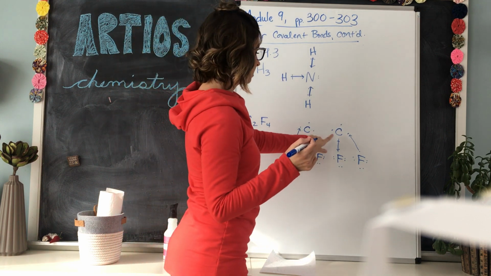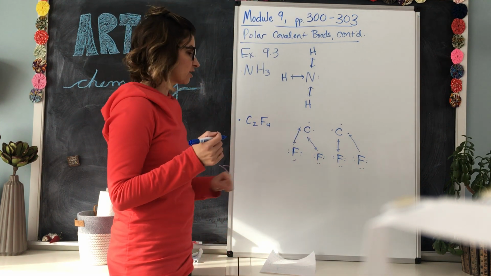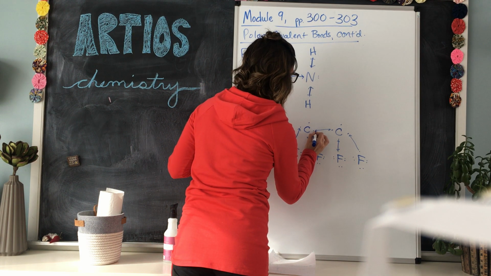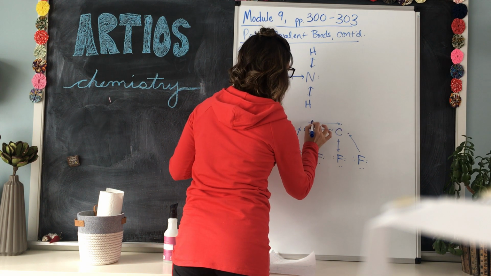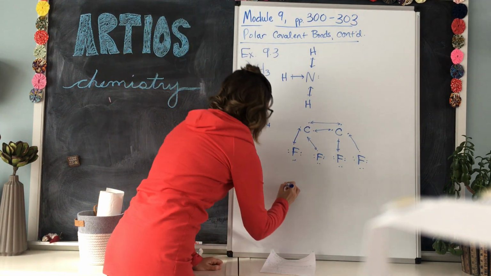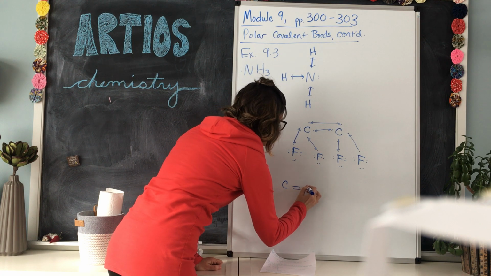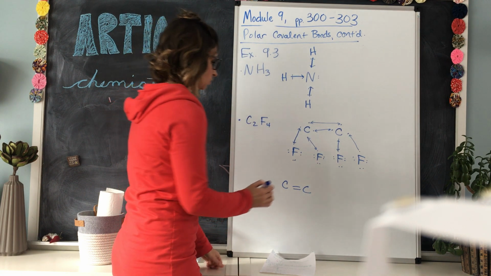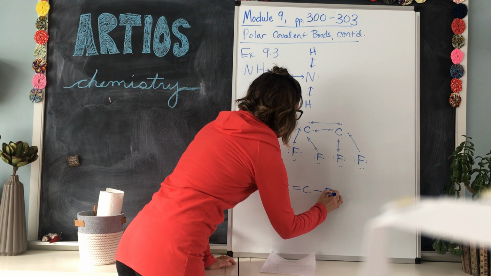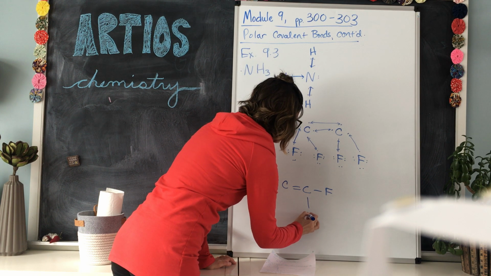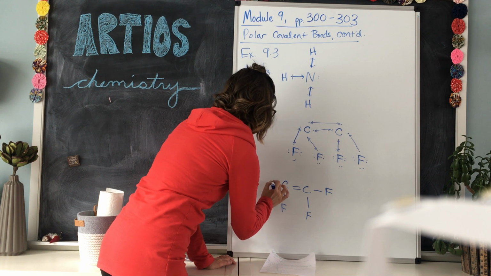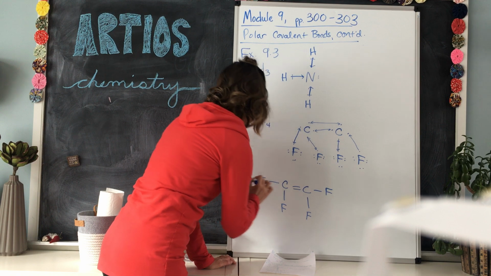Okay, so now the carbons each have 2 electrons left looking for a partner. So these 2 could share, and these 2 could share, meaning there's going to be a double bond in between the 2 carbons. So it's going to look like this: carbon double bonded to carbon, and then a covalent bond to fluorine, a covalent bond to fluorine, and the same thing on this side, 2 covalent bonds to fluorine.